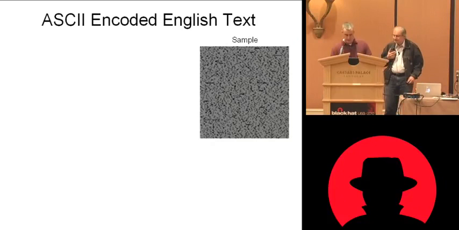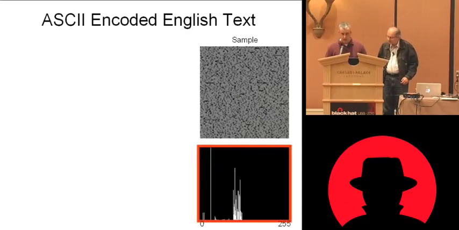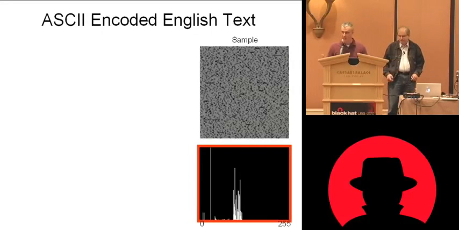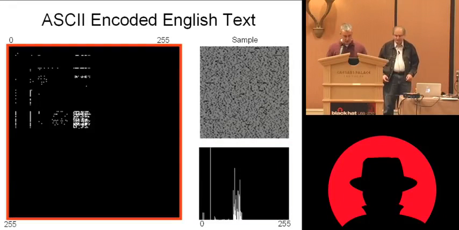Okay, so just looking at ASCII text. The top right is just a picture of the histogram, and you can see the large values near the middle. That's the lowercase characters. The long vertical line reaching all the way to the top is the space character. We started off with text because I think everybody can get their head around that pretty readily.